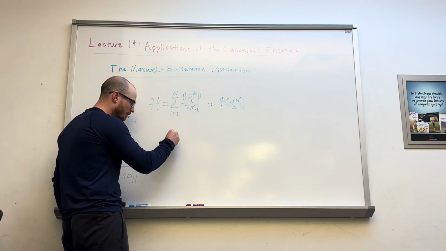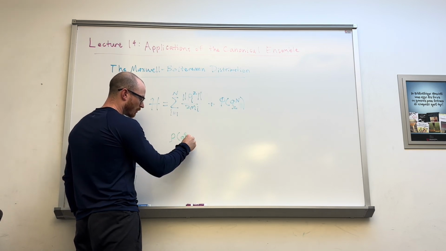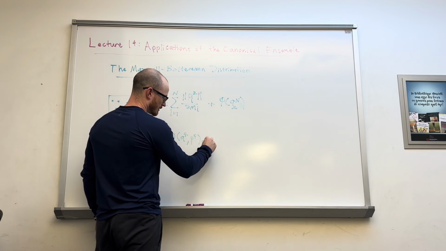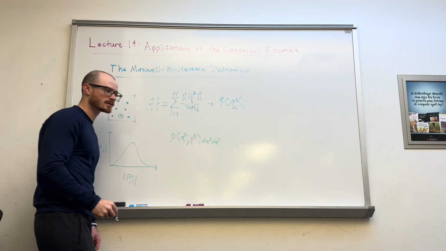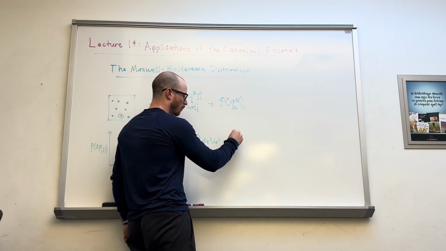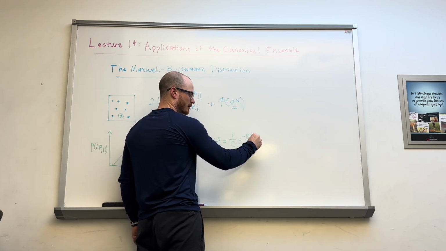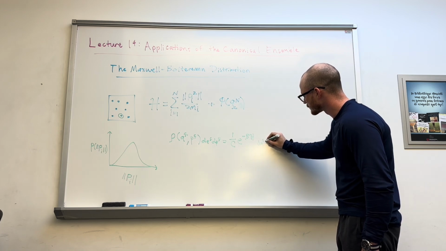Well, recall the canonical probability distribution is rho of q_f, p_f, evaluated at a specific point in the phase space, equal to 1 over C e to the minus beta H, evaluated at that point in the phase space.